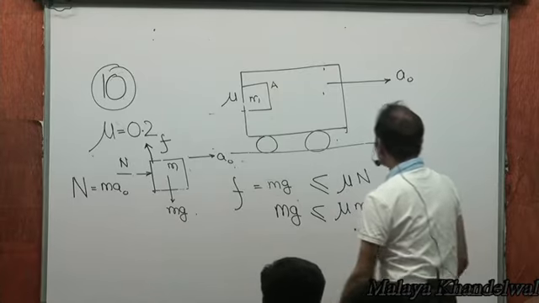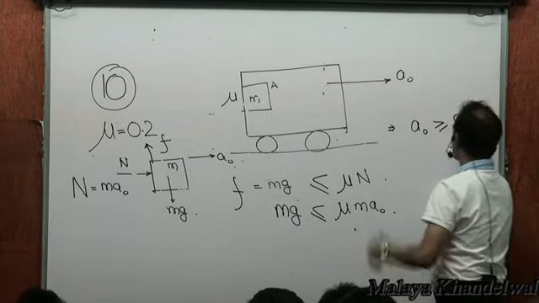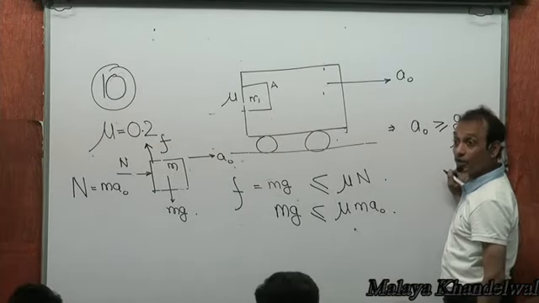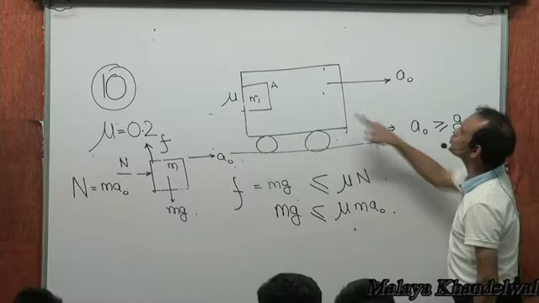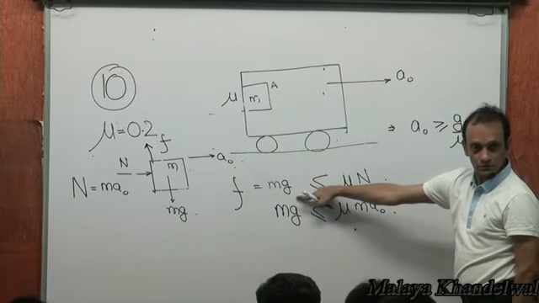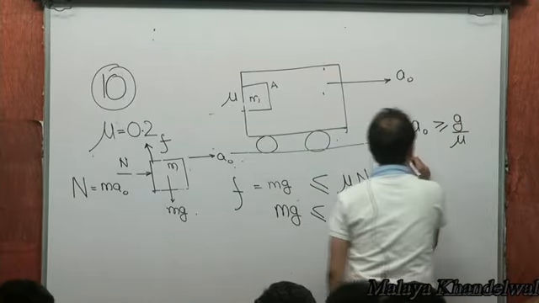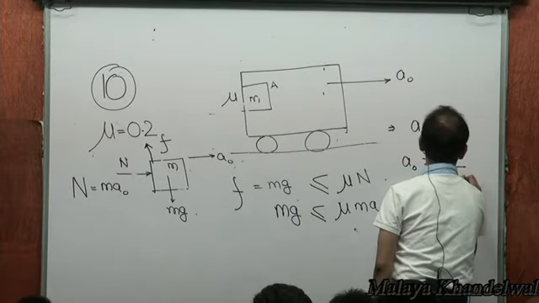So this gives me very clearly a naught greater than or equal to g by mu. The acceleration of the cart must be greater than or equal to g by mu so that the block does not fall. So a naught is greater than or equal to g, which is 10, by mu, which is 0.2.